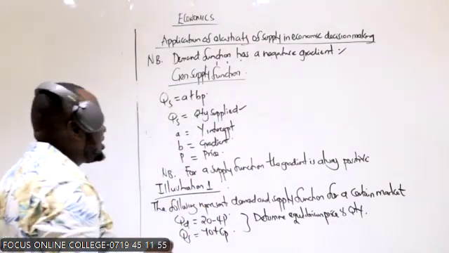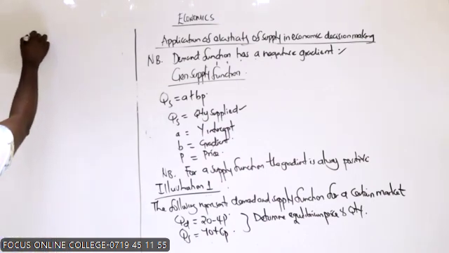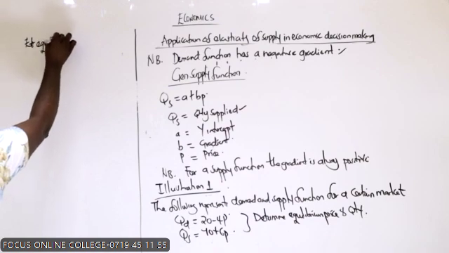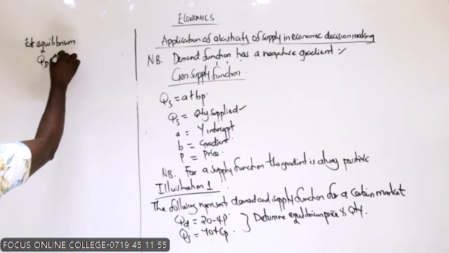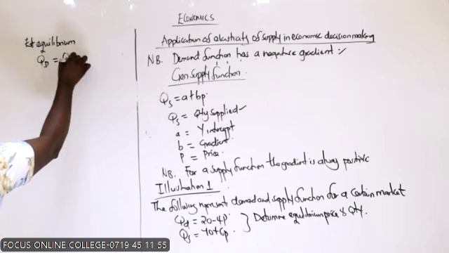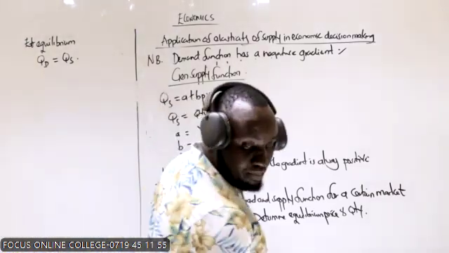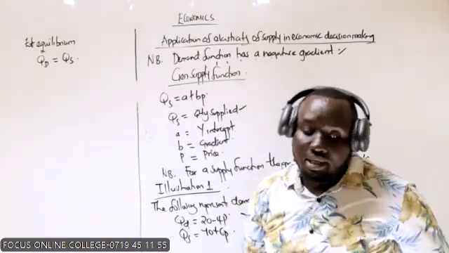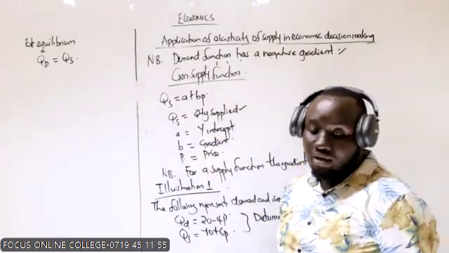At equilibrium price and quantity, we understand that the quantity demanded is equal to the quantity supplied. So at equilibrium, we equate the demand function to the supply function.